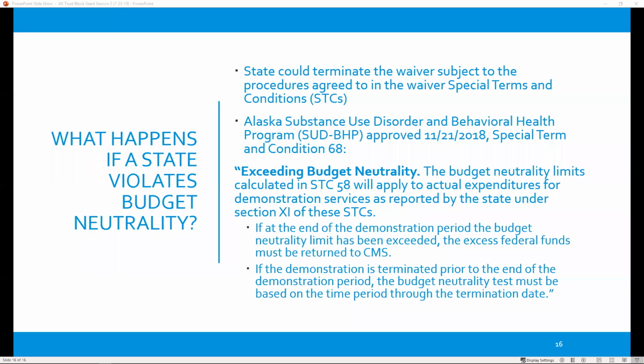Funding through the institutions for mental diseases for adults could be, the cost of that could be recognized. As I said, that's my assumption, is you're pursuing it because of the IMD money.